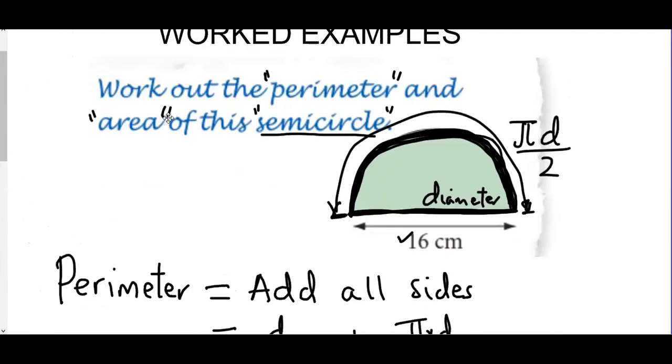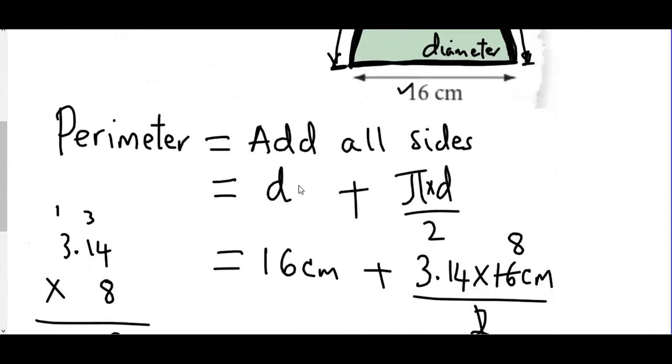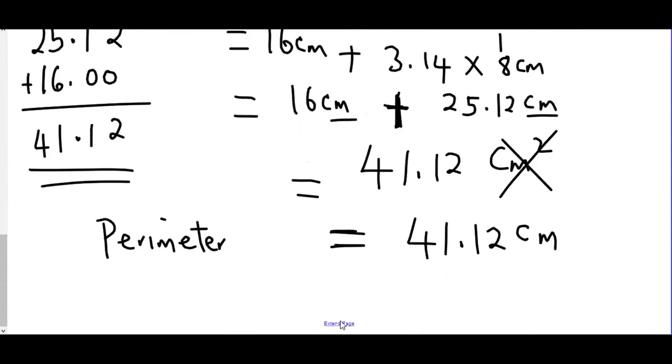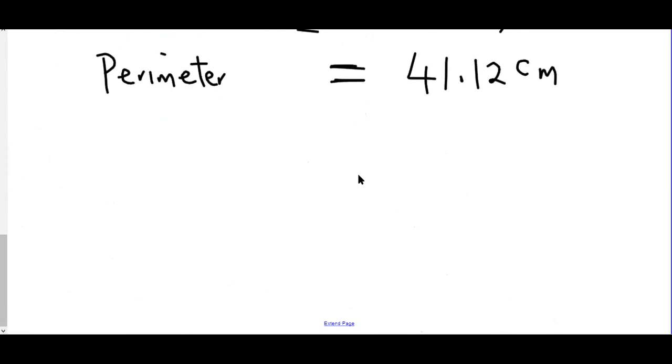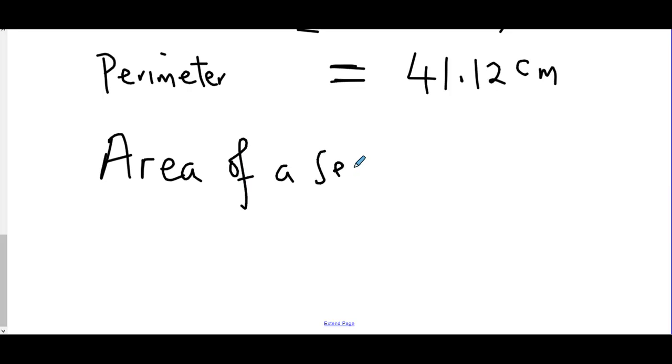Right, so remember, the question is work out the perimeter and area. Okay, so I'm done with the perimeter. How about area? Now, area of a semicircle is easy. So I'm going to write the formula, area of a semicircle.